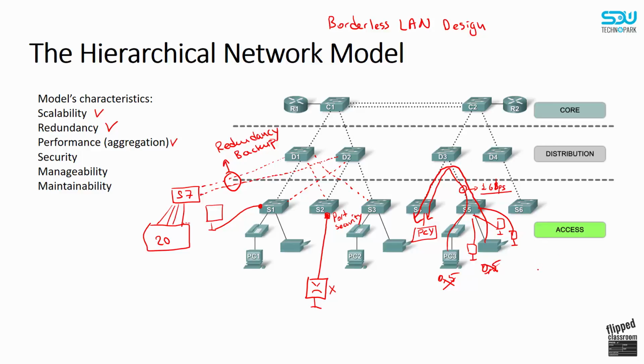So 1 gigabit per second will be divided by n, where n is the number of hosts which are bound to this device, to switch 5. So in this situation, we are going to have some issues with the speed.